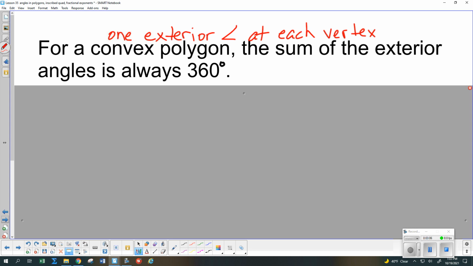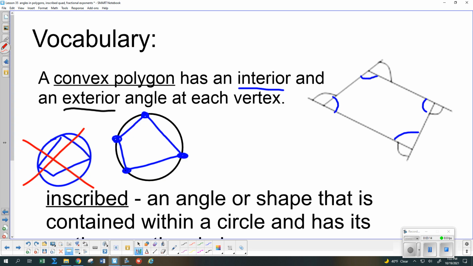If we take one exterior angle at each vertex and add them up, we will always get 360 degrees. So going back to this picture for a moment, if I were to take this exterior angle plus this exterior angle plus this one, all 4 of those green ones, add them up, I get 360.